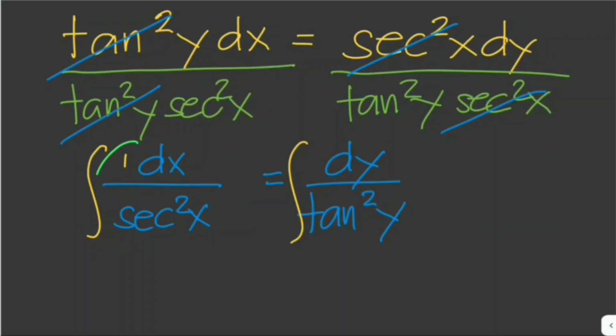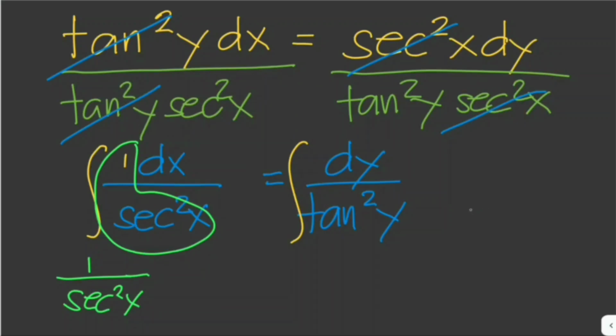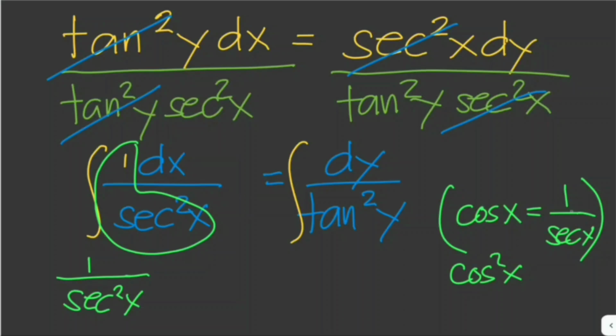Now let's take a look at 1 over secant squared x first. We knew that cosine x is just equivalent to 1 over secant x. So that means if we square this one, this would give us cosine squared x equals 1 over secant squared x.